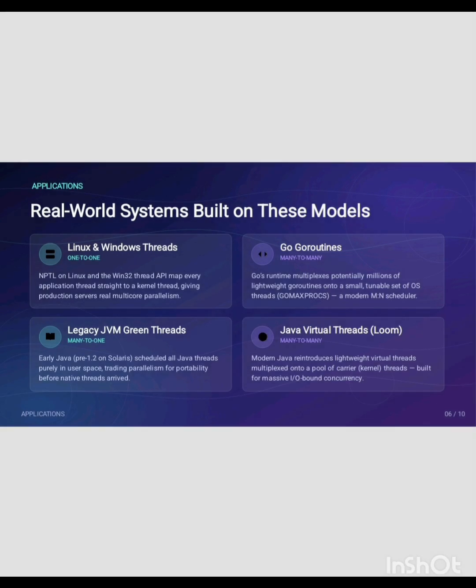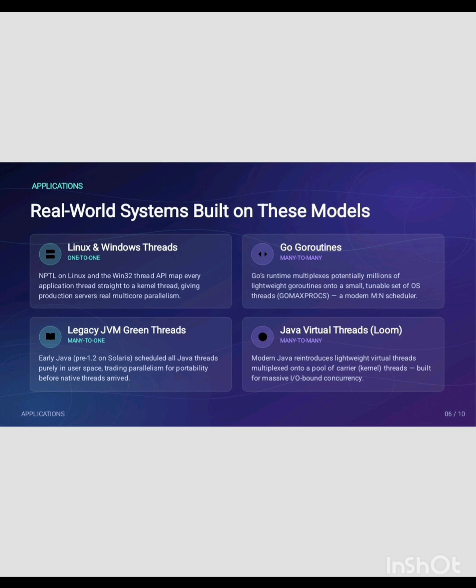Applications: real-world systems built on these models. Linux and Windows threads use one-to-one. NPTL on Linux and the Win32 thread API map every application thread straight to a kernel thread, giving production servers real multi-core parallelism.